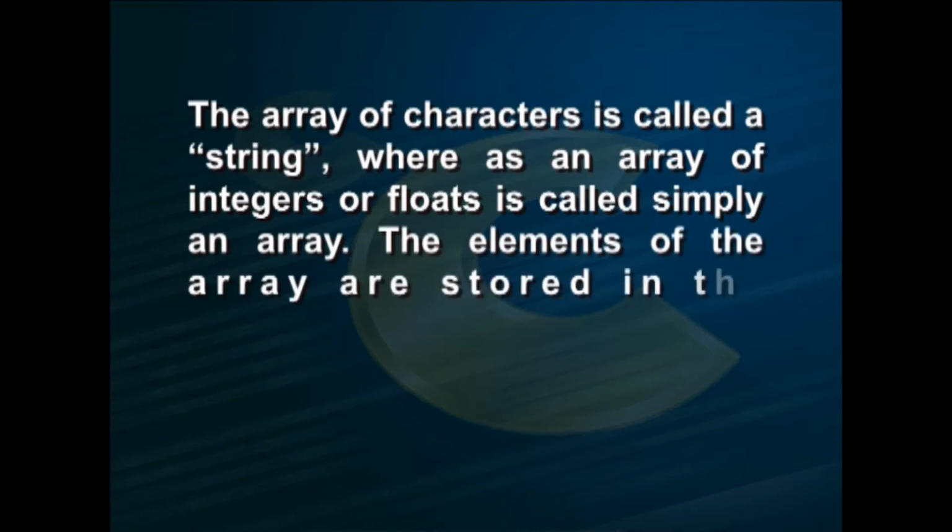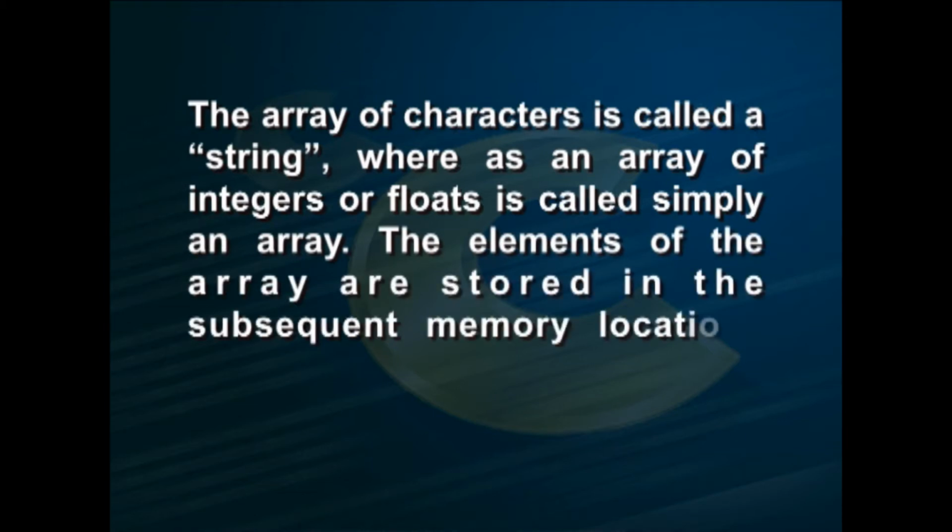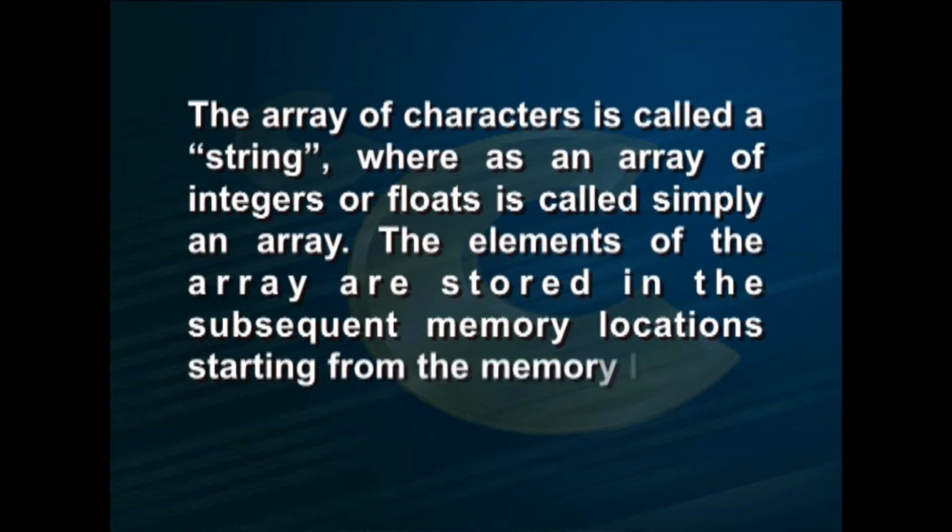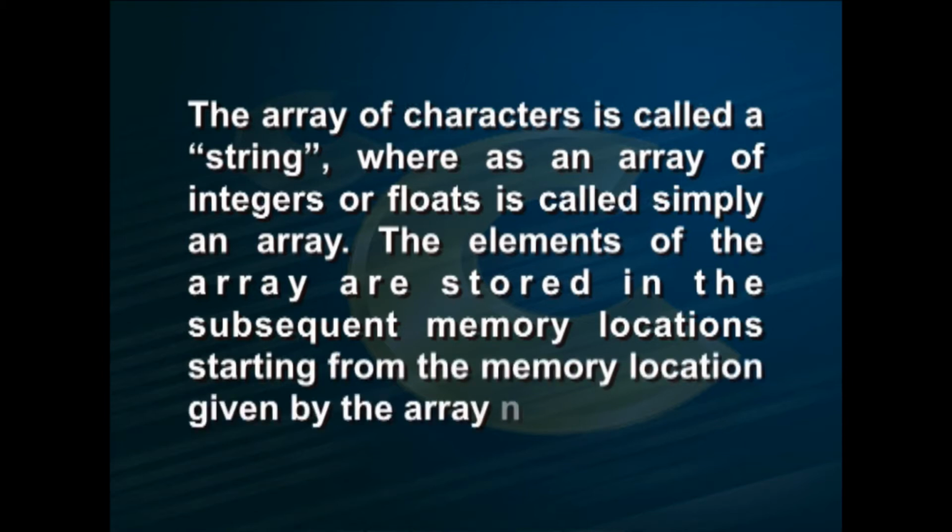The elements of an array are stored in subsequent memory locations starting from the memory location given by the array name. It is important to remember that all elements of any given array must be of the same type. That is, we cannot have an array of 100 numbers of which 50 are integers and 50 are floats.